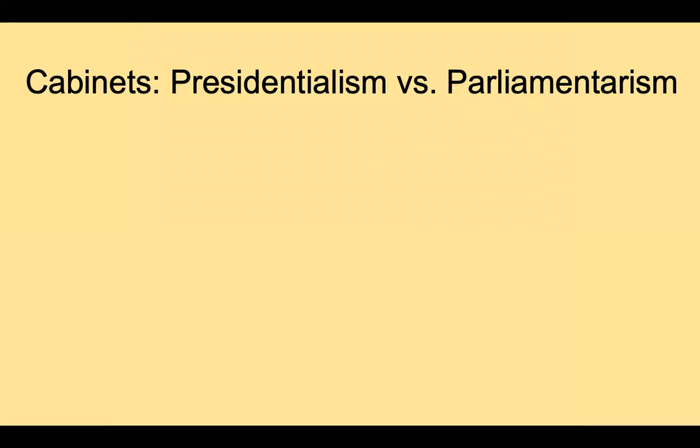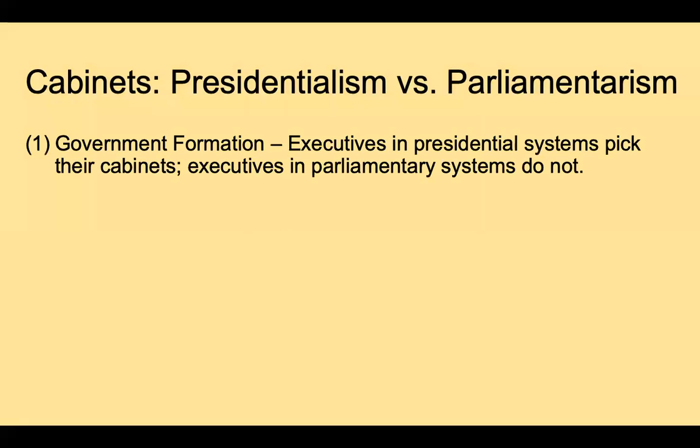And what we're going to do now is begin to identify some of the key dimensions for differentiating between these. And we're going to highlight the key considerations for institution creation and how institutions work in these different systems. And the first consideration is the dimension of government formation.